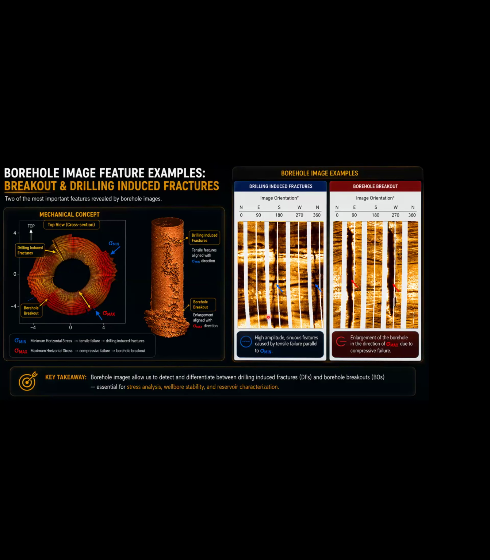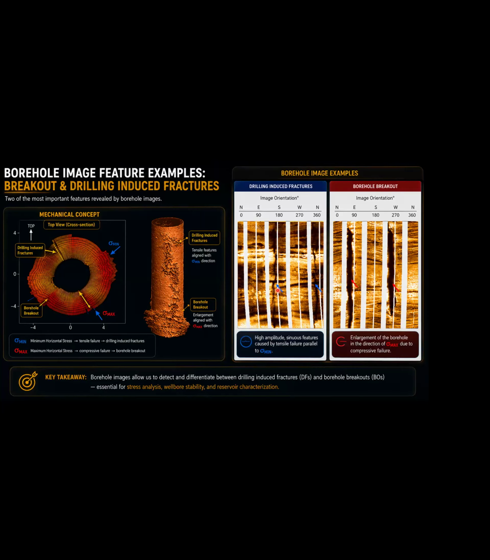This is how the induced fracture will appear, as parallel or semi-parallel lines in the image. And the breakout will appear as a dark area, also on two sides 180 degrees apart.